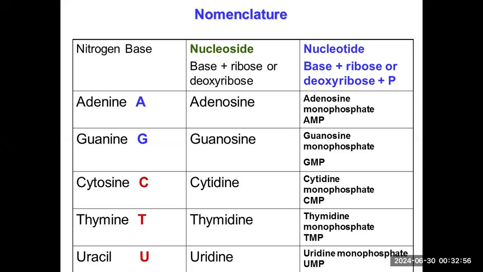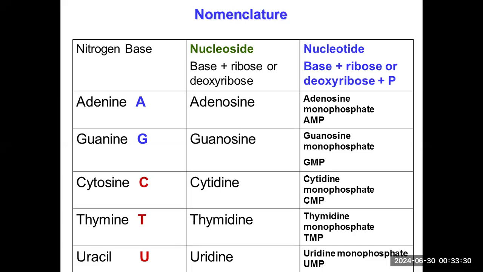The nomenclature of pyrimidines is slightly different because the name of the base, for example cytosine, ends with OSINE. So, in order to differentiate from purines, the nucleosides and nucleotides of the pyrimidines normally end with DINE.